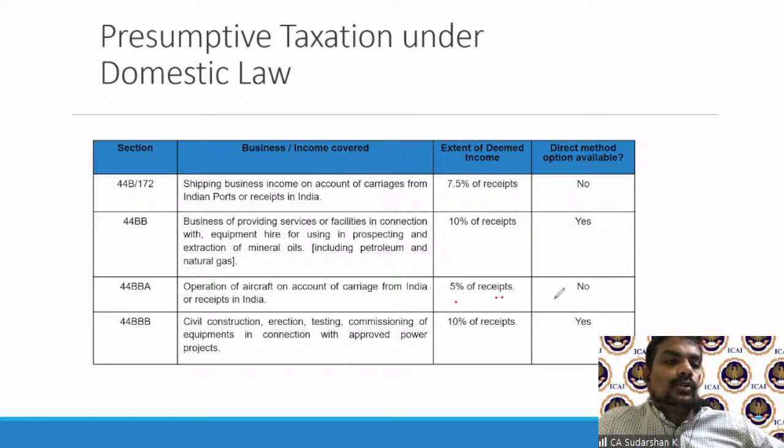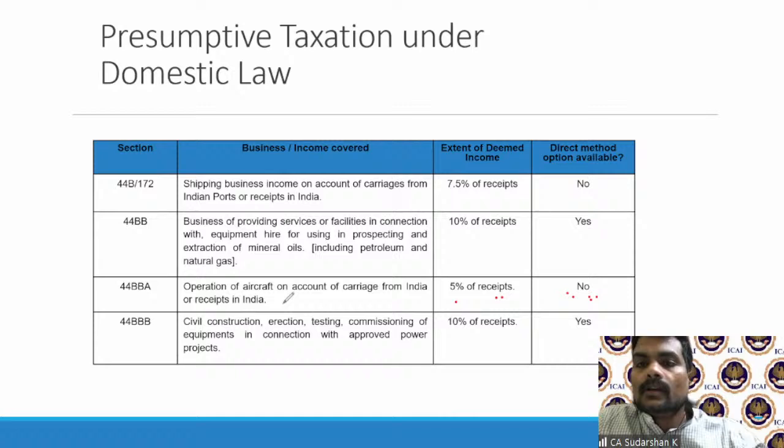It cannot show less. So these are small nuances that I wanted to bring to your specific attention. That's largely because under 44BB, if you feel that your income is less than 10% of receipts, the option is available. 44BB, as you can see, is for foreign companies or non-residents providing services or facilities in connection with equipment hire for use in extraction or prospecting of mineral oil. 44BBA, which we are now concerned with, talks about operation of aircraft on account of carriage from India. 5% of receipts, you do not have an option.